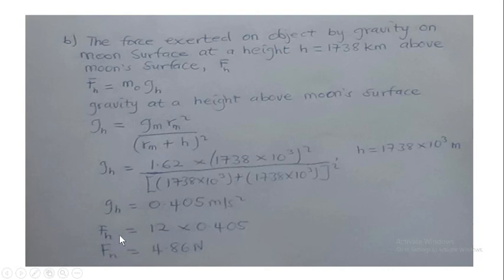So we slot in the values. The mass is 12, and then the gravity is 0.405. And when you punch your calculator very well, you will get Fh, that's the force at that height, to be 4.86 Newtons.